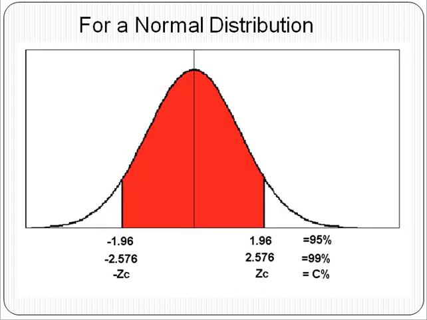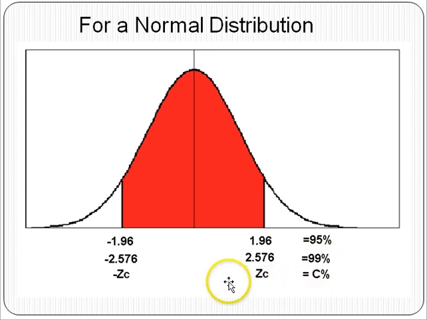Okay, so if we have a normal distribution, we can determine how many standard deviations we need to go up and down from the mean to capture a certain percentage of the data. If we go up 1.96 standard deviations and down 1.96 standard deviations, we'll capture 95% of the data. If we go up 2.576 standard deviations and down 2.576 standard deviations, we'll capture 99% of the data.